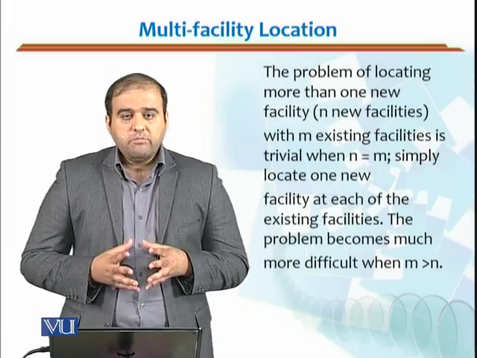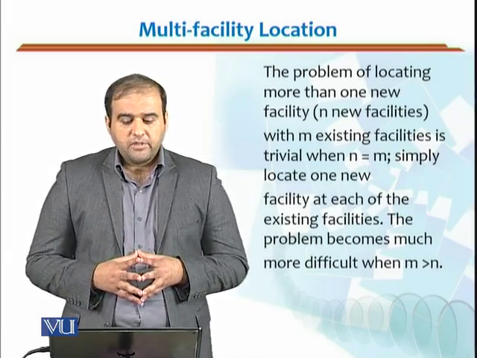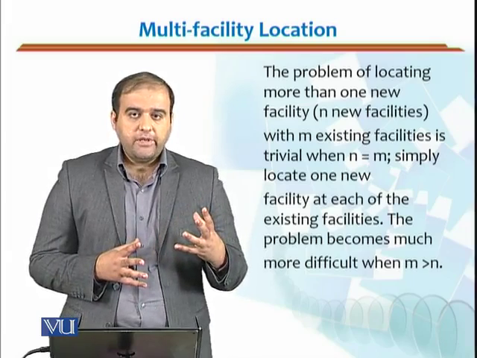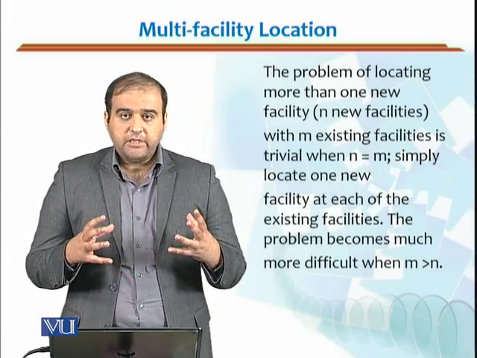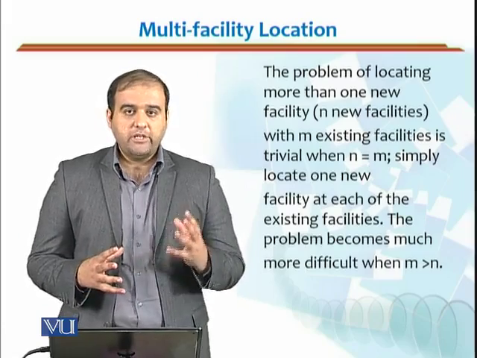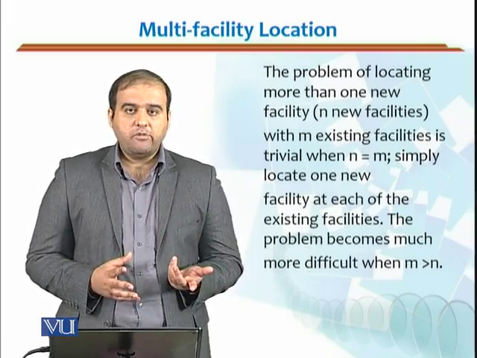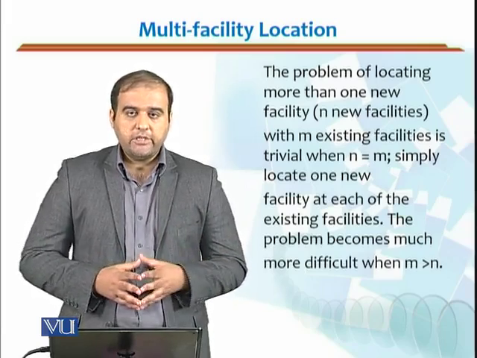The problem becomes much more difficult when m is greater than n. That means you have more existing facilities and the new facilities are lower in number. Then you cannot have a one-to-one scenario. You cannot make it trivial, in the sense that you can just solve it with the help of a rectilinear or Euclidean location model.